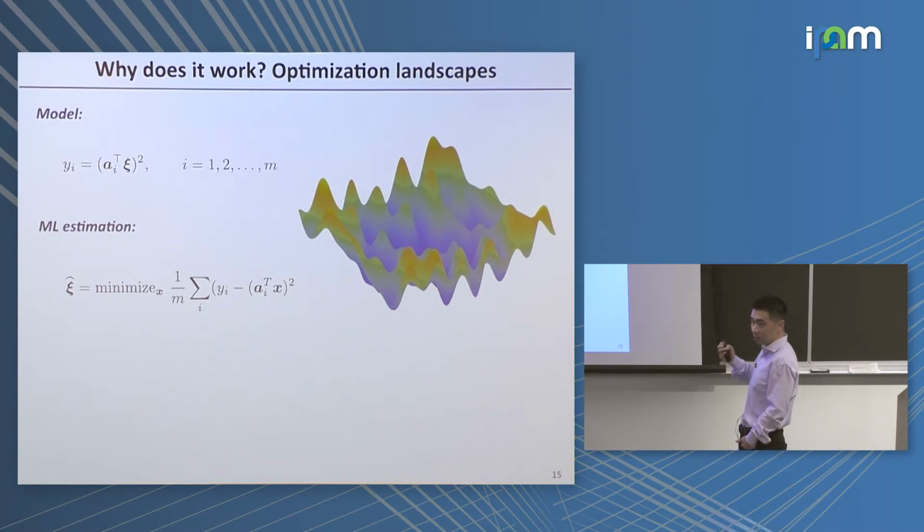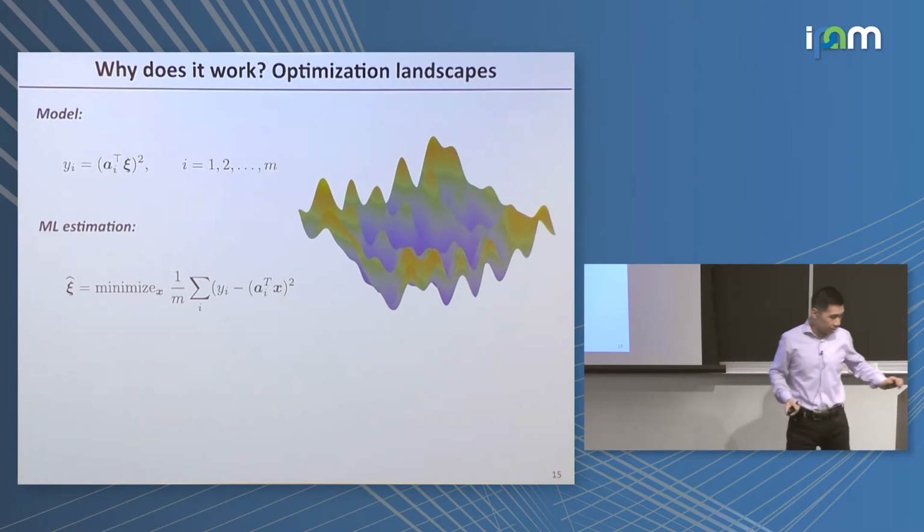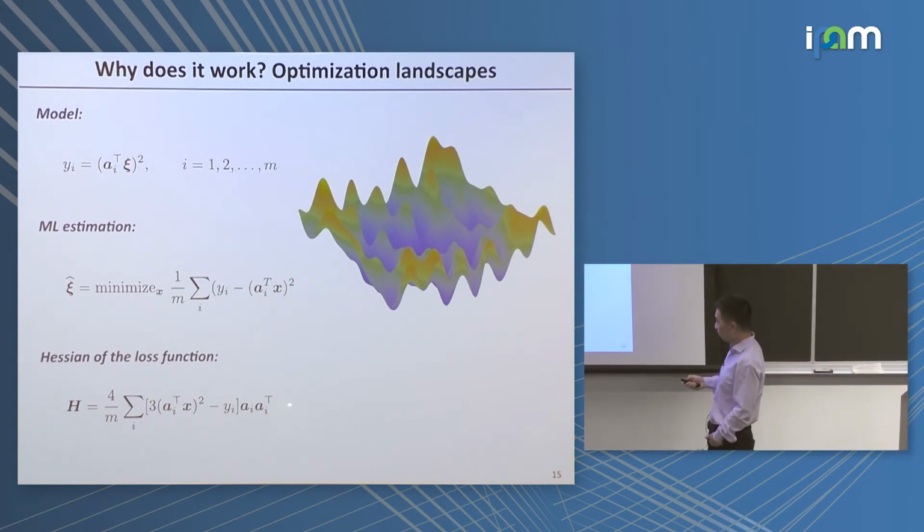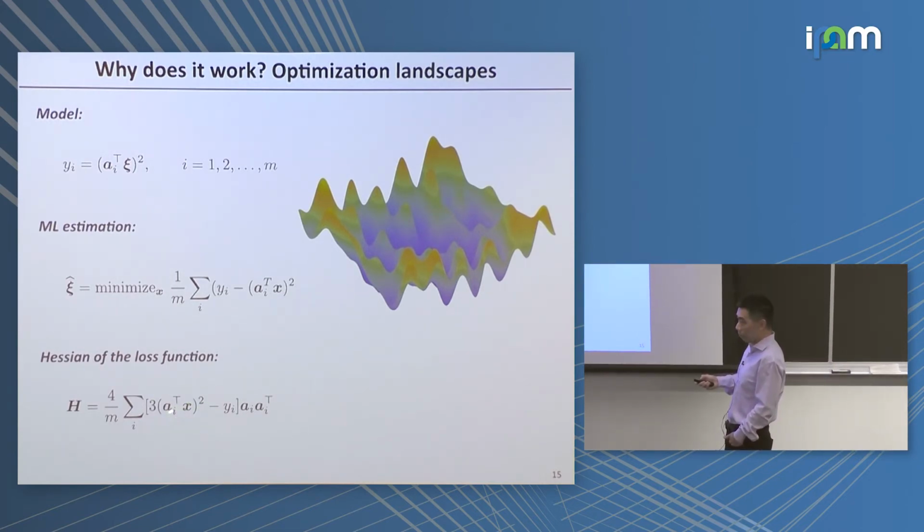Now, the way to study the landscape of non-convex optimization problems is to consider the Hessians. So we can compute the form of the Hessian of this loss function, and the Hessian has a very simple structure, of a form where you weight these vectors by these coefficients. This Hessian formula is evaluated at any given point x.